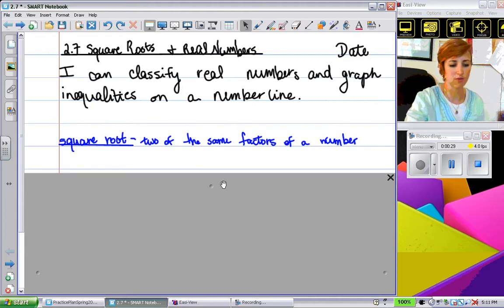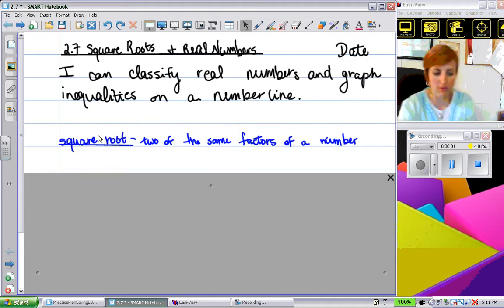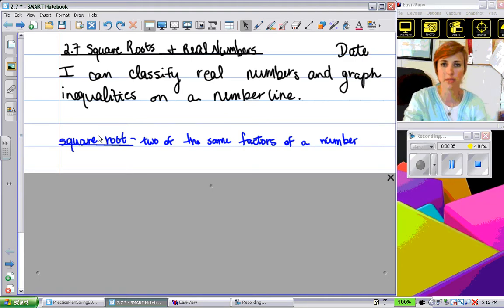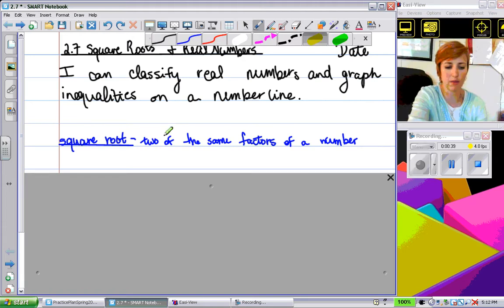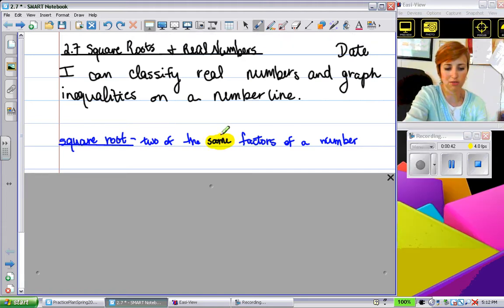Our very first vocabulary word is square root. And it says two of the same factors of a number. So the same means it has to be the same number and itself. Remember back in our first lesson ever, factors?